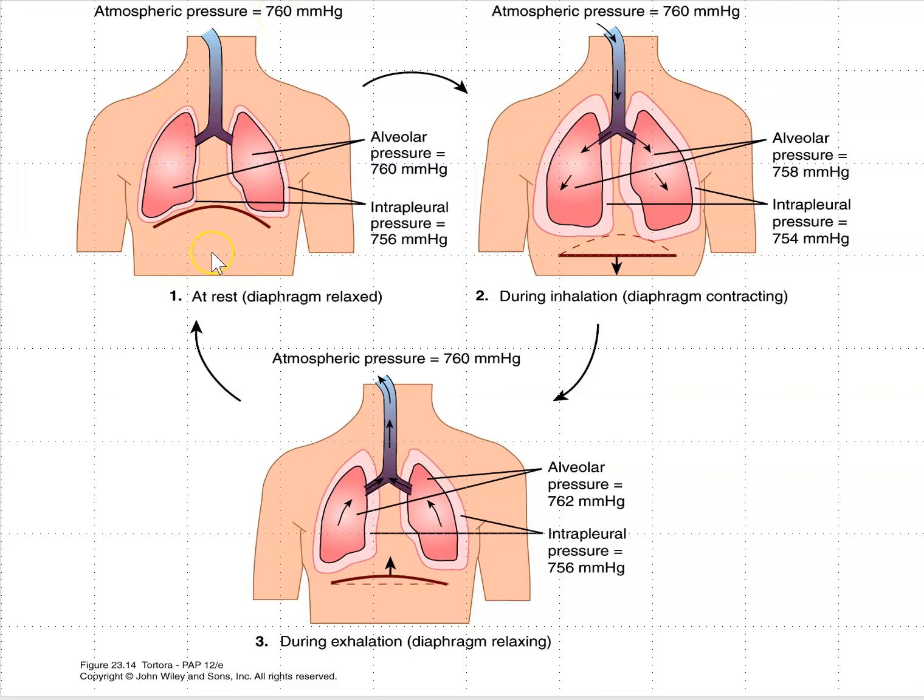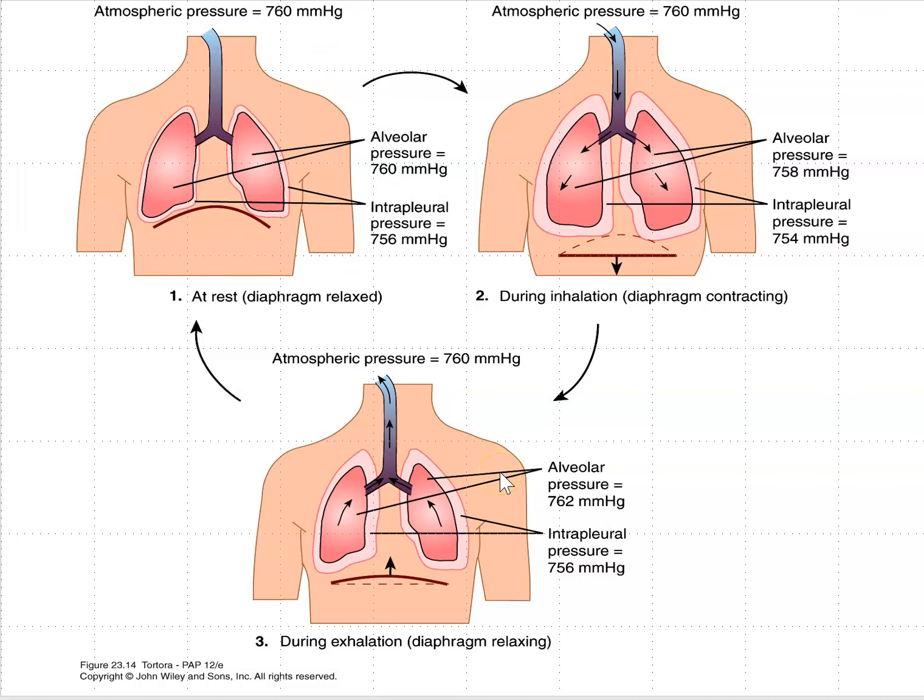At rest, when the diaphragm is relaxed, the alveolar pressure is equal to the atmospheric pressure. So there is no exchange of gases at rest because the alveolar pressure is the same as the atmospheric pressure.